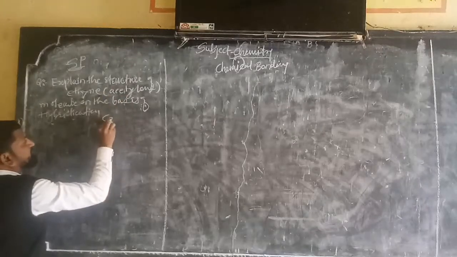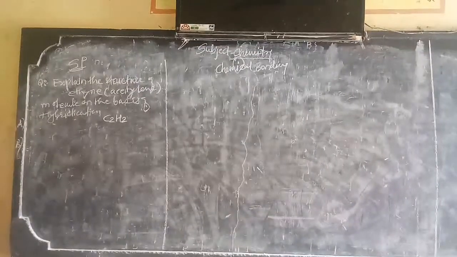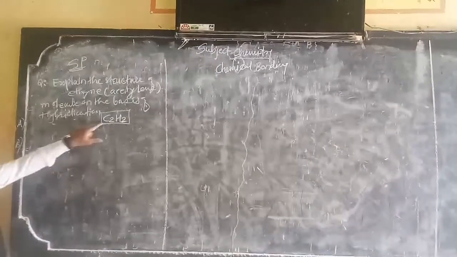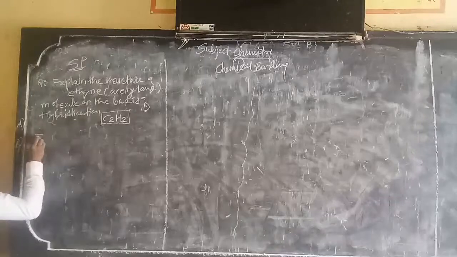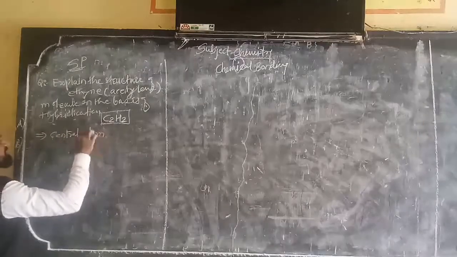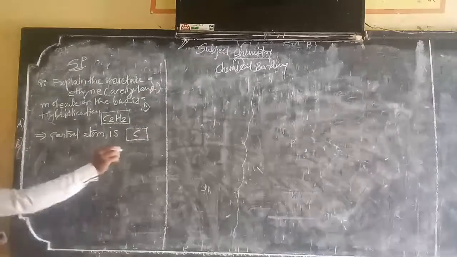Now in acetylene, the formula is C2H2. What was the molecular formula of ethylene? C2H4. Now ethine belongs to the alkyne family, so C2H2. Now here the central atom is, no doubt, what is that? Carbon atom. Already you know the chemistry of the carbon atom.